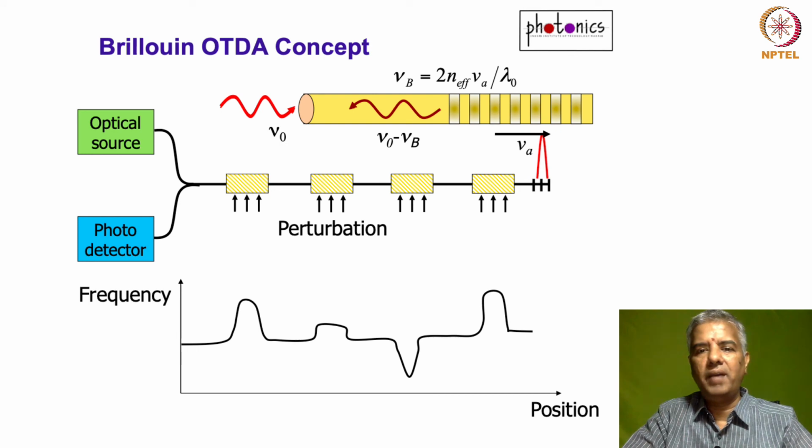So once again, you send a pulse of light, and because of this Brillouin scattering it creates a temporary grating, and that grating back-reflects. This creates the Brillouin backscattered radiation, which actually carries the frequency information.